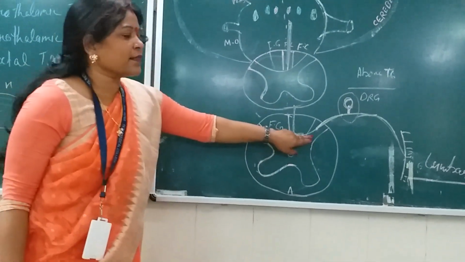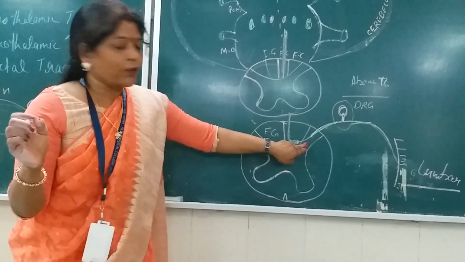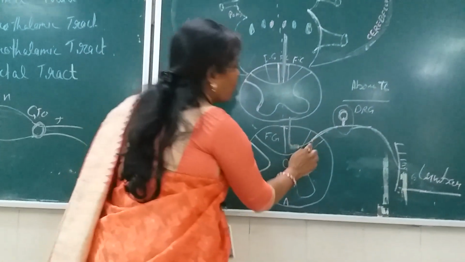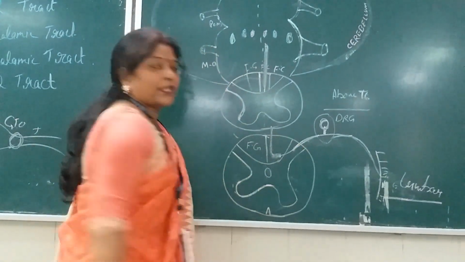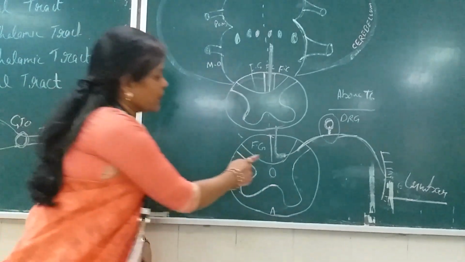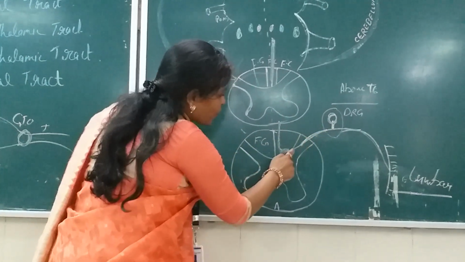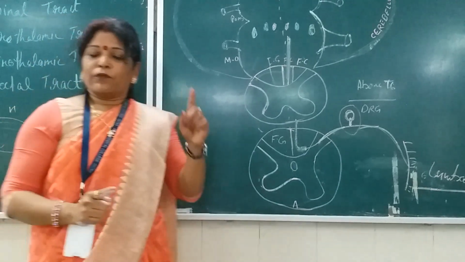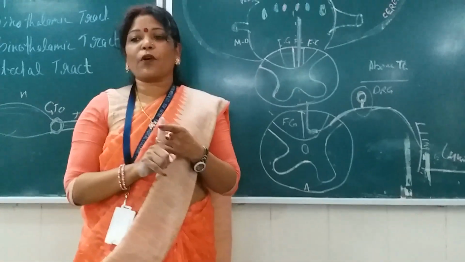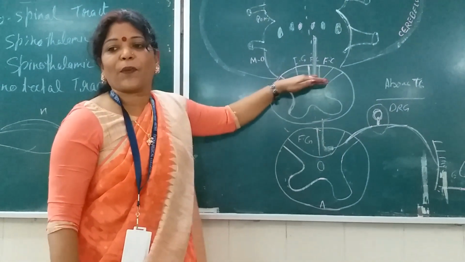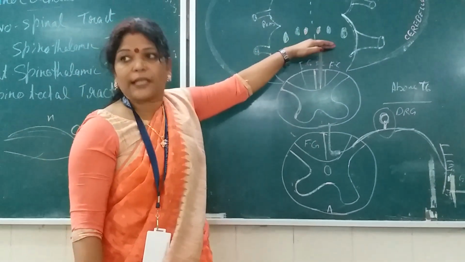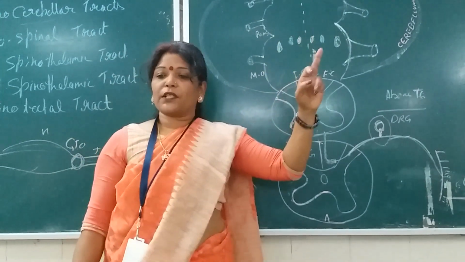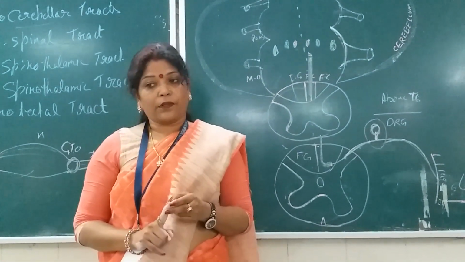We have said that there are second order neurons present in the dorsal gray horn, but there is no synapse here in the dorsal gray horn. Then this axon, this central process, will synapse where? It will synapse with the second order neuron cell, which is not sitting in the spinal cord, it is in the brainstem. For which pathway? This dorsal column medial lemniscus pathway. It is a very important point.